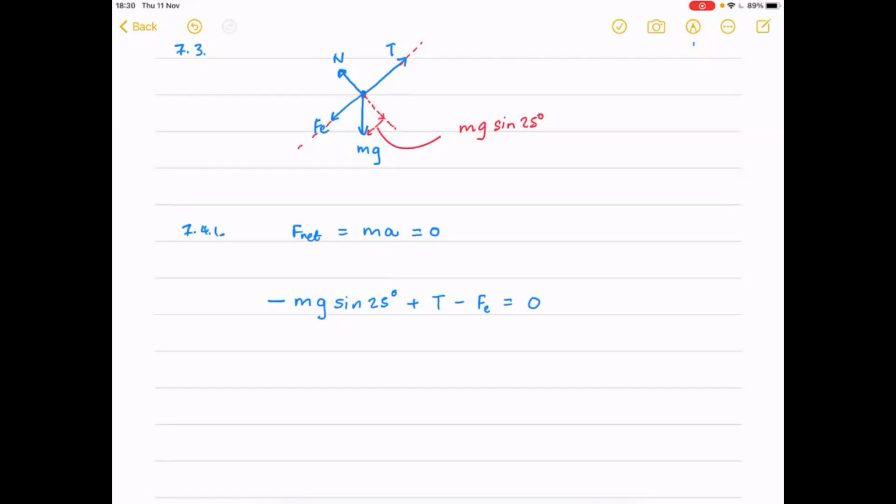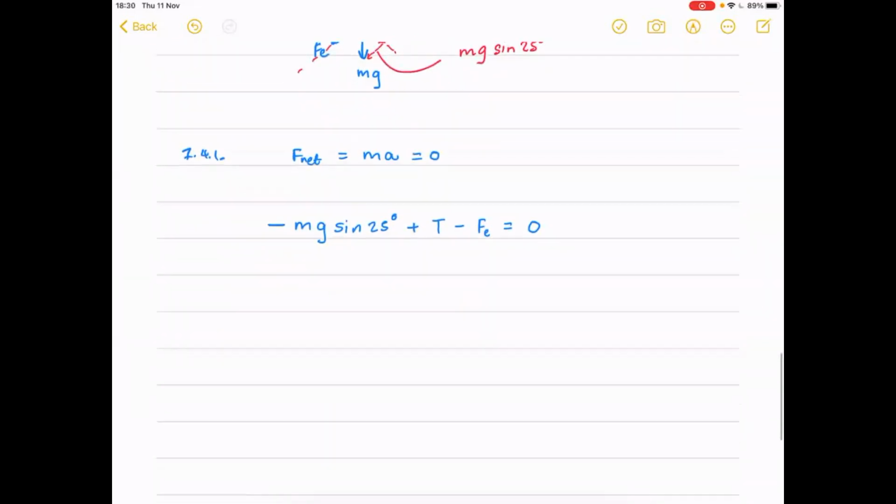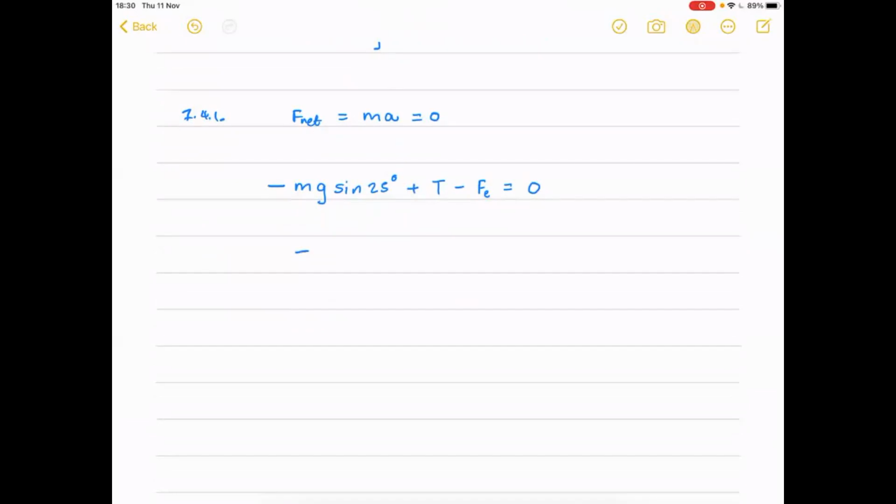Okay, and so we can rewrite this. We're trying to find the tension. So I can just write it as the tension is equal to Fe plus mg sine of 25.